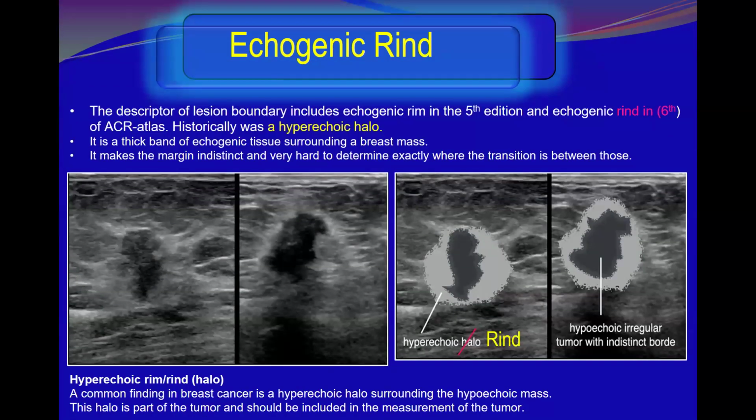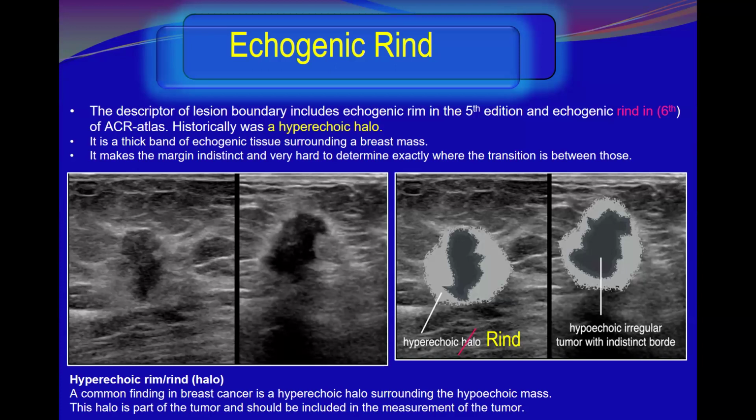Okay, let us go back to our descriptor, the echogenic rind. What is the echogenic rind? As we mentioned early, in the 4th edition it was historically a hyperechoic halo.